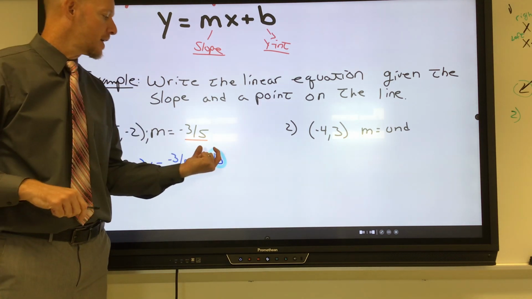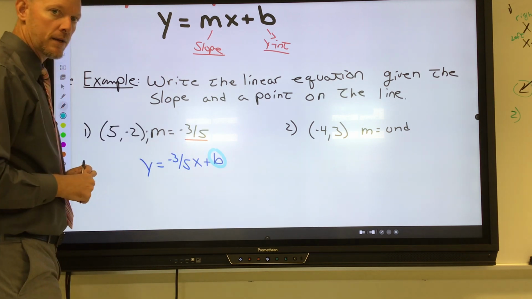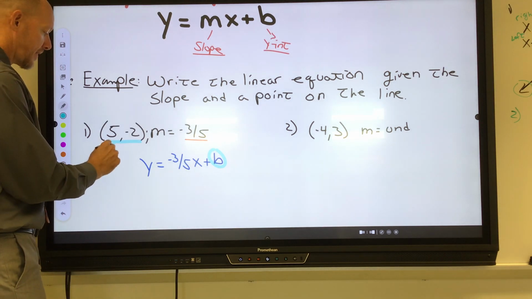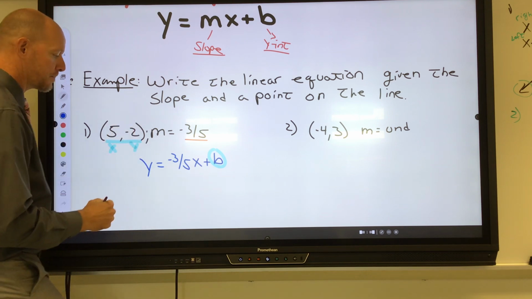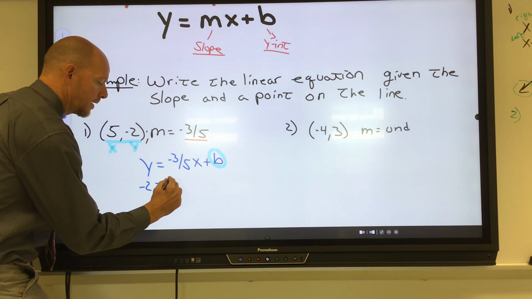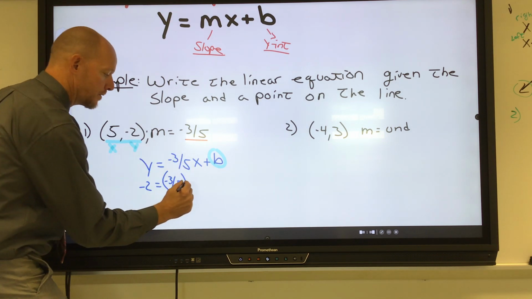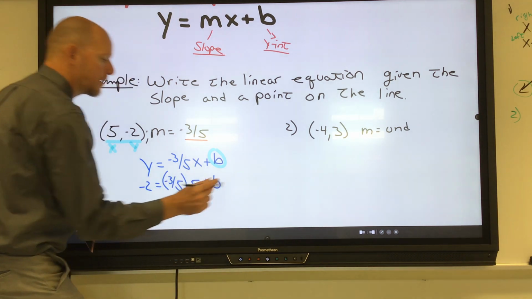If I need to calculate b, I have to have values for x and y. That's where the point comes into play. We have our x value and our y value, so I can substitute these points in. Negative 2 goes in for the y, the slope stays the same, my x value ends up being 5, and then plus b.